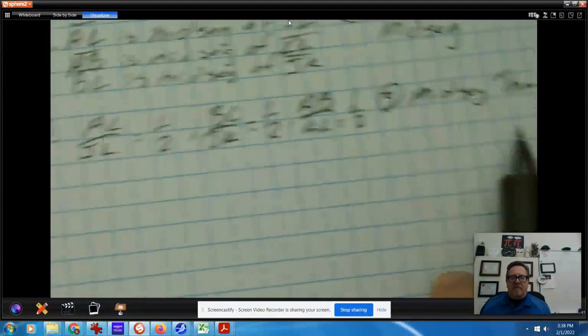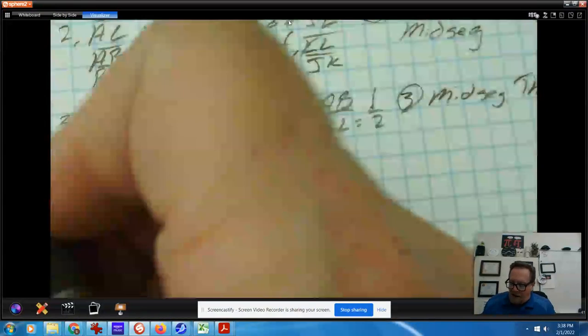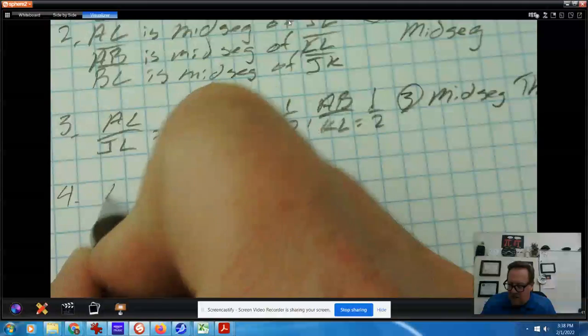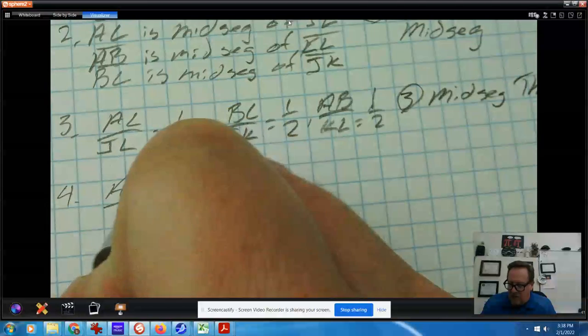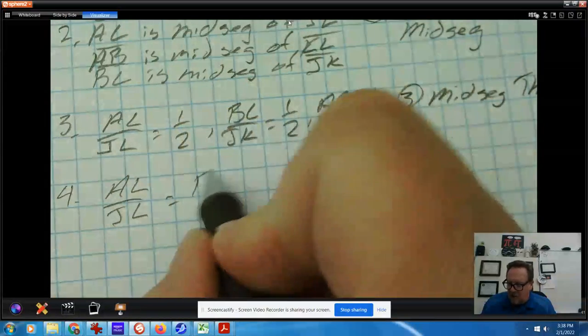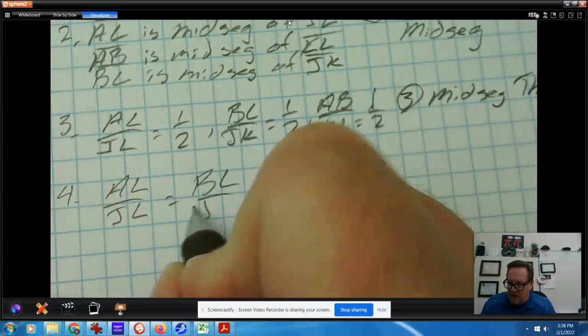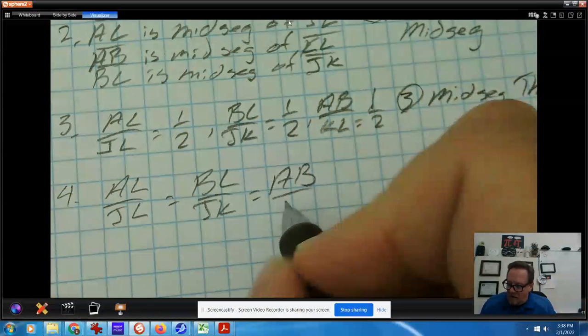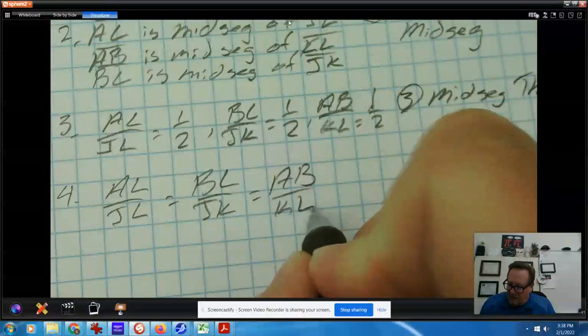Mid-segment there. They're all 1 to 2 ratio. Hot diggity dog. Well, what that means is that AC to JL is the same as BC to JK is the same as AB to KL.